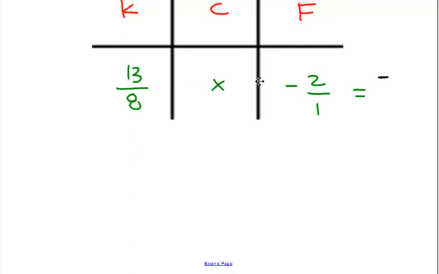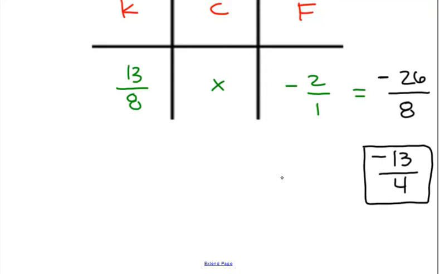You have 13 times 2, which is 26, and then you have 8 times 1, which is 8. Now, you still need to simplify this. You need to reduce it. This is actually a fairly small fraction, and it's not very hard to reduce. So it's just going to reduce to negative 13 over 4. Okay, that's not that difficult.